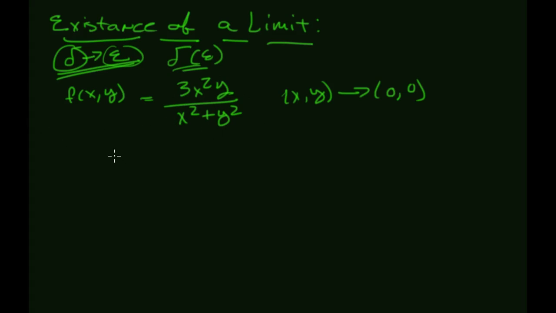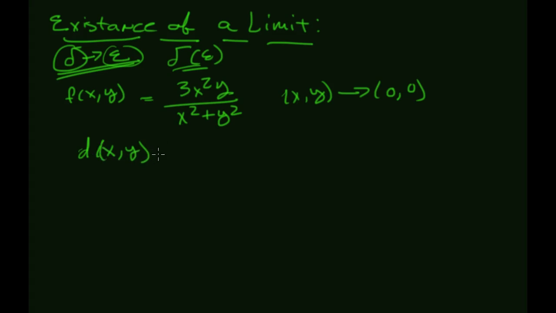Okay, so if the limit exists, right, we want to set this up so that if the distance from (x, y) to the origin, sorry, that's what I need there.